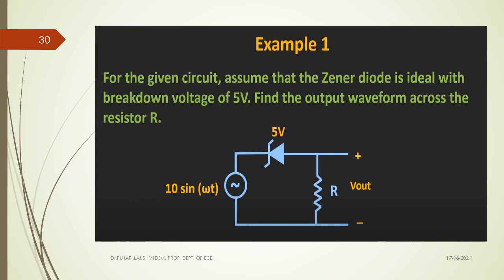So if the diode is in reverse bias, the breakdown voltage is 5 volts.